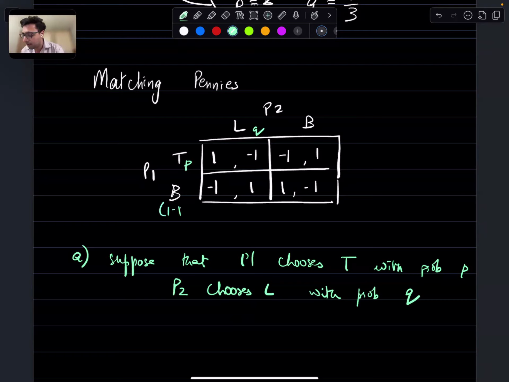Naturally, this will be 1 minus P, and this will be 1 minus Q. And of course, this should be an R and not a B, left and right.